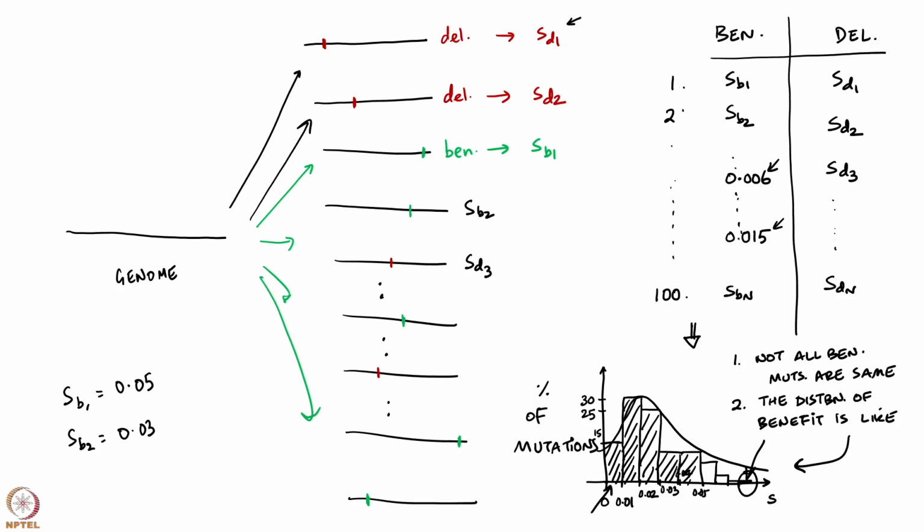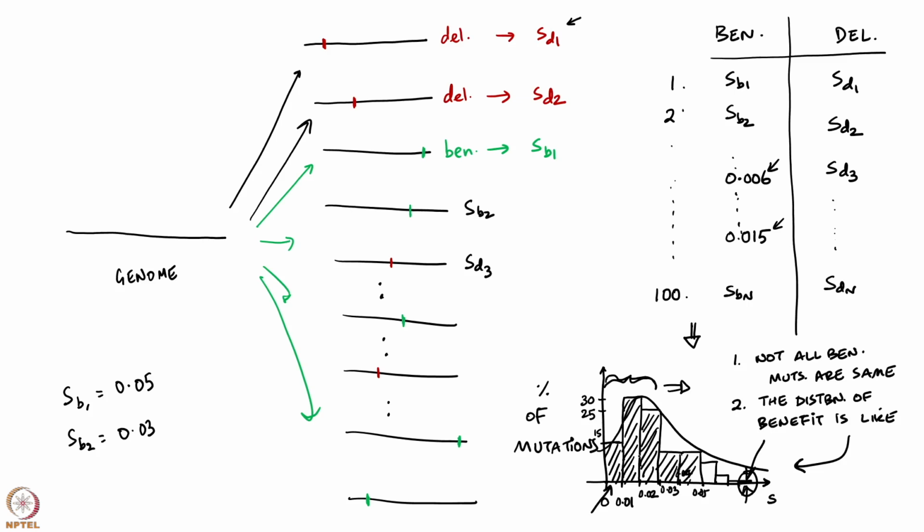This distribution is useful because it tells me that more often than not, when a beneficial mutation occurs, chances are that its benefit will be within this region. Beyond that, beneficial mutations are available, like this one is a great beneficial mutation which confers the highest selection coefficient in all the beneficial mutations I tested.